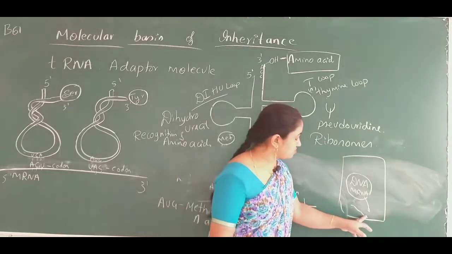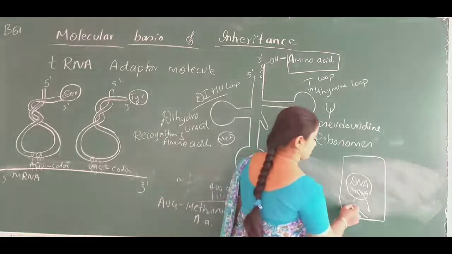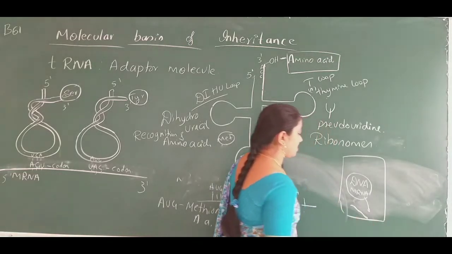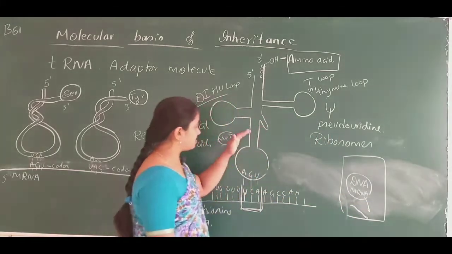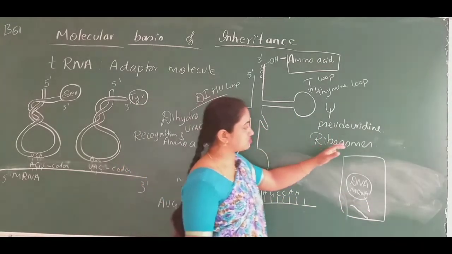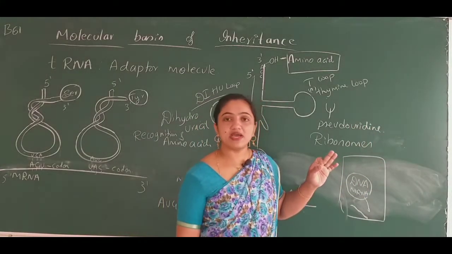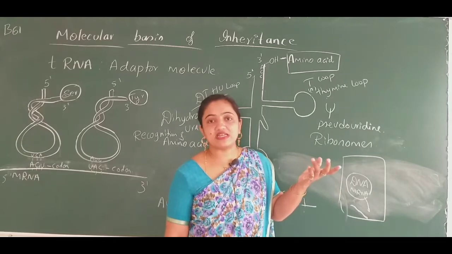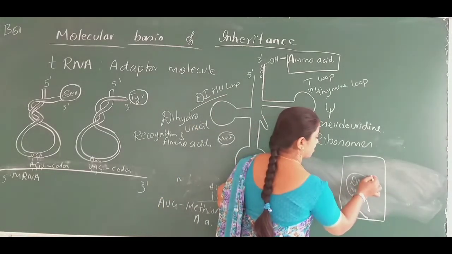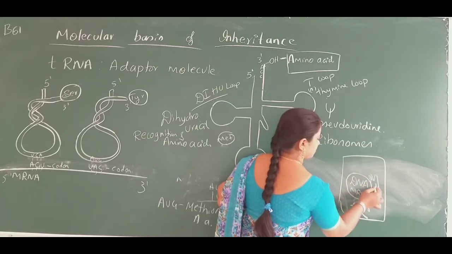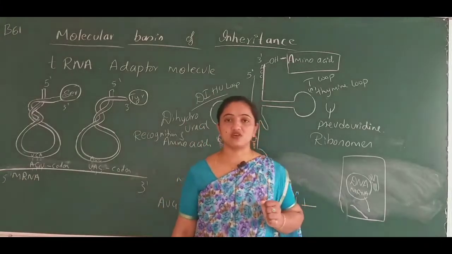So after this, the mRNA strand has to code with the tRNA, and it has to recognize the ribosomes and all. Where are the amino acids, where are the tRNAs, where are the ribosomes? If you remember, in class 11 we studied the cell, the unit of life.